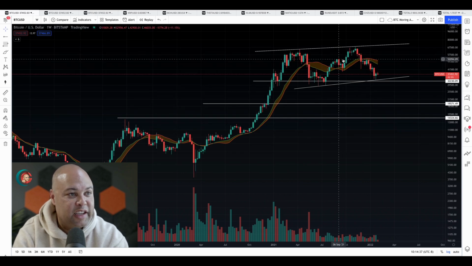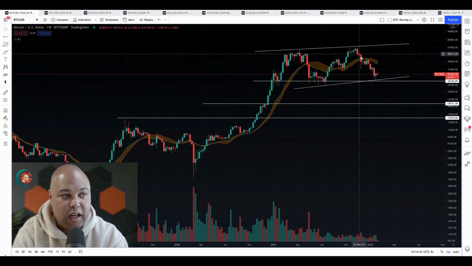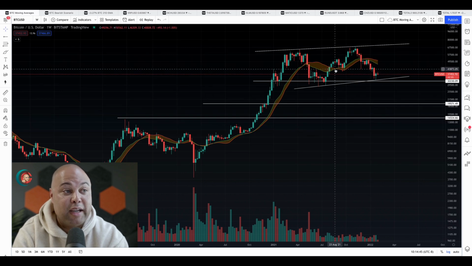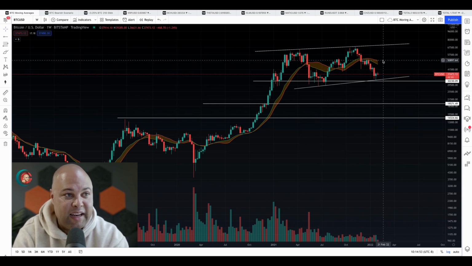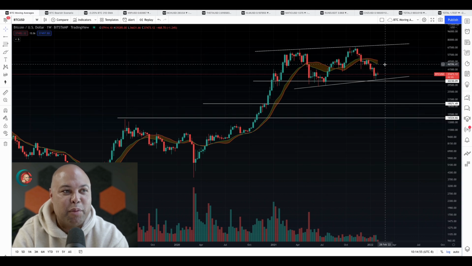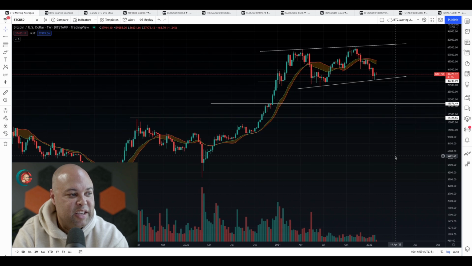If we take a look at this, when we broke beneath the red here, it indicated that we were getting ready to close beneath the red. Secondly, when we break above the red, it indicates a bullish move is coming. So I'm not only going to be looking for the price of Bitcoin to break above the support band, I'm going to be looking for the green line to break above the red line. That will become a bullish indicator as well.